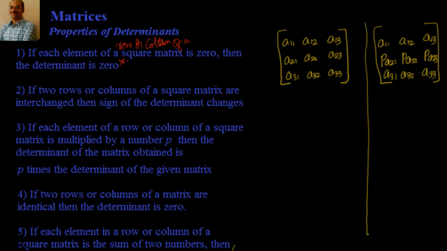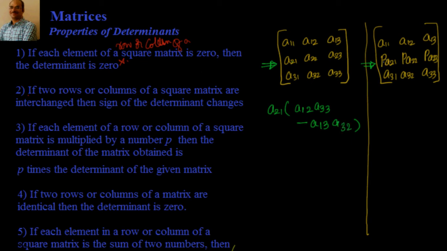Now if you look at the determinant of these two, we will pick only that row where we are multiplying to find out the determinant. Let us say you want to find out the determinant. If I take A21, it will be A21 into A12 A33 minus A13 A32.